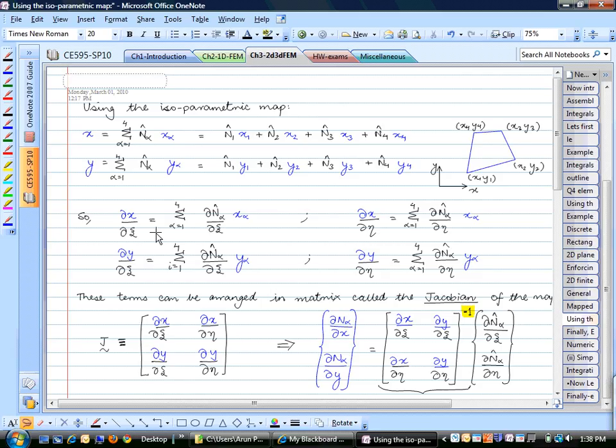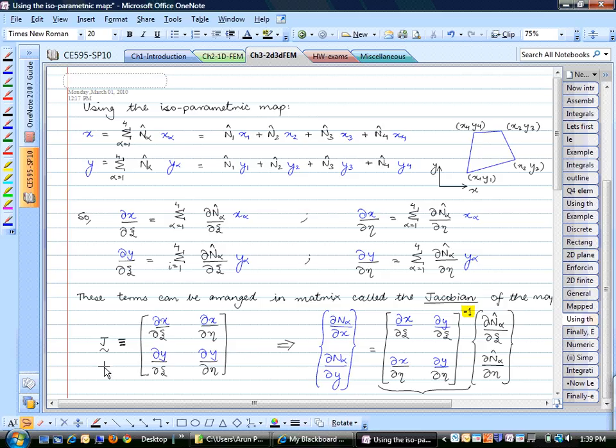That is going to give you all these derivatives with respect to xi. So N1, N2, N3, N4, those will be the derivatives with respect to xi, and the coordinates will remain the same because they are constants. So this is a really roundabout, long way of calculating the Jacobian, but there's pretty much no other way to do that.